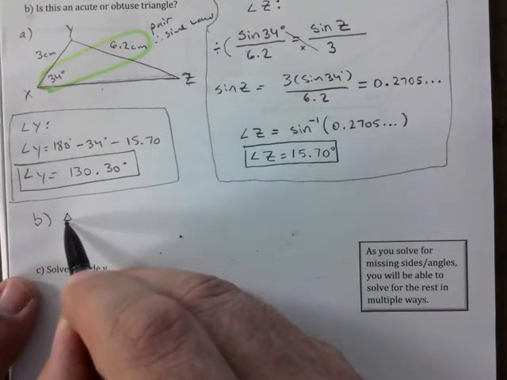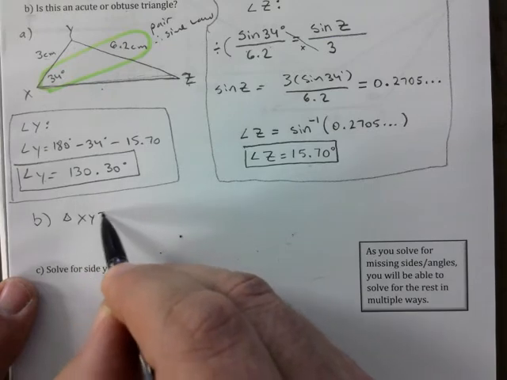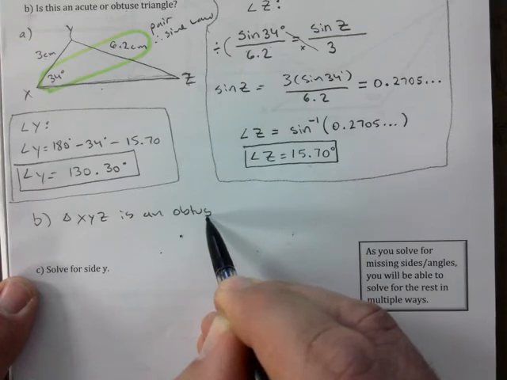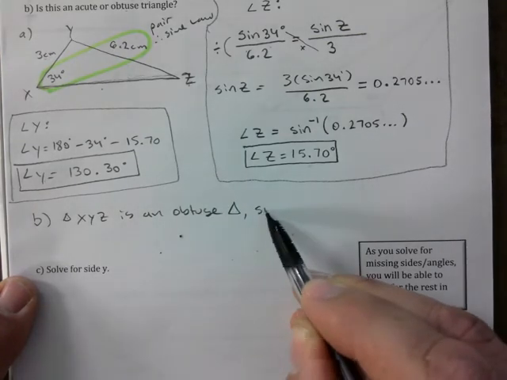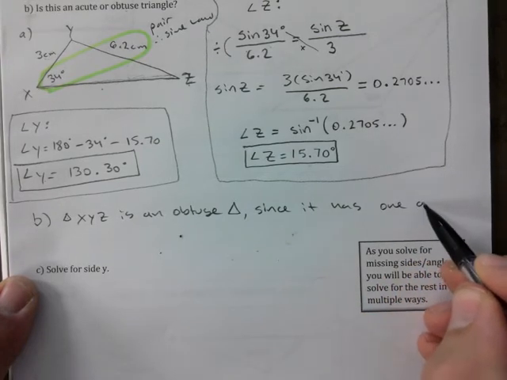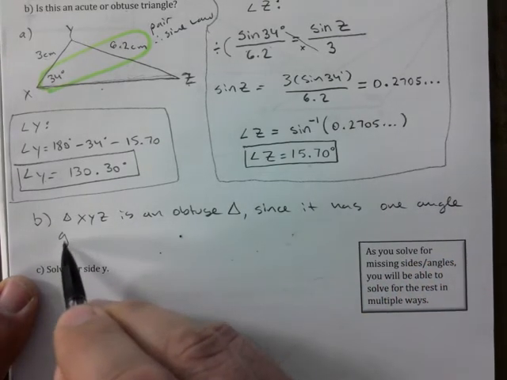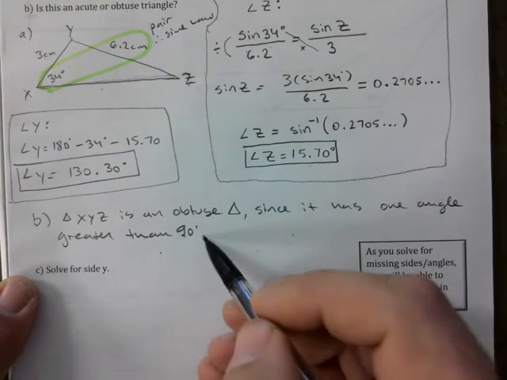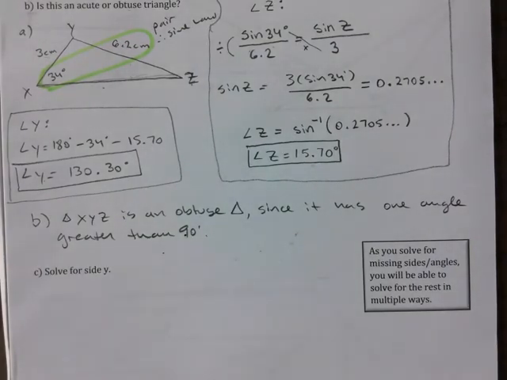Triangle XYZ is an obtuse triangle, comma, since it has one angle greater than 90. If you need a review on this, in chapter 2 I did talk about the different types of triangles. But as soon as you have one greater than 90, it turns into an obtuse triangle.